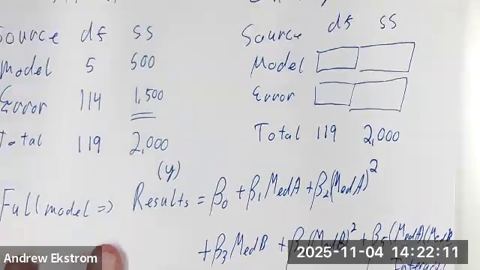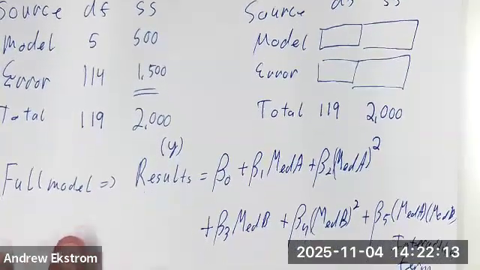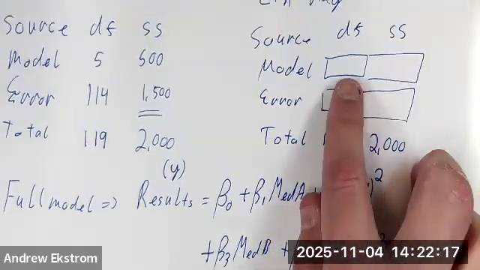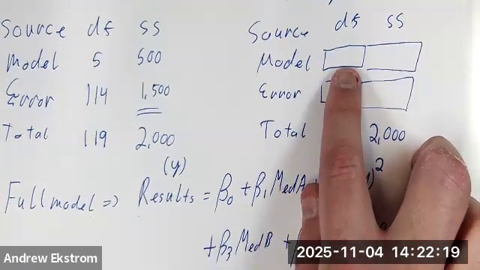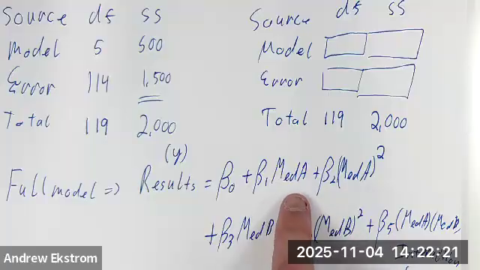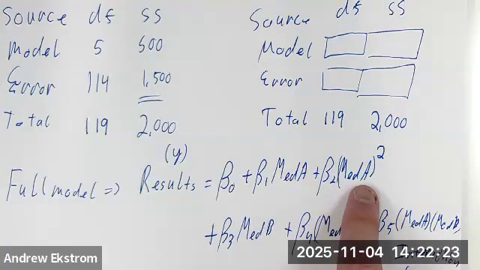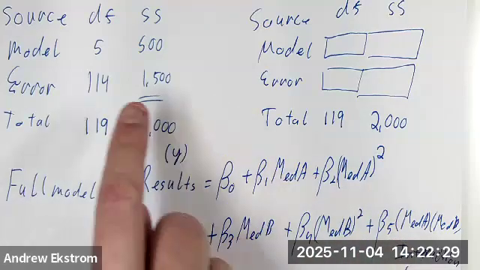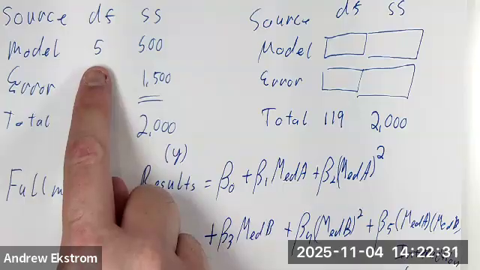So if I have the full model the way that I've got it now, the degrees of freedom that go up here is equal to 1, 2, 3, 4, 5. So it's going to be basically just like we had before.